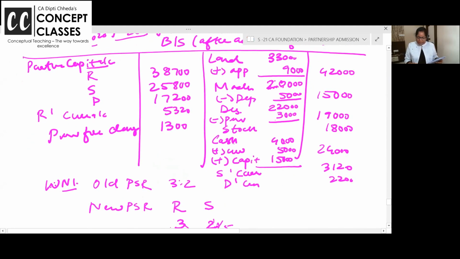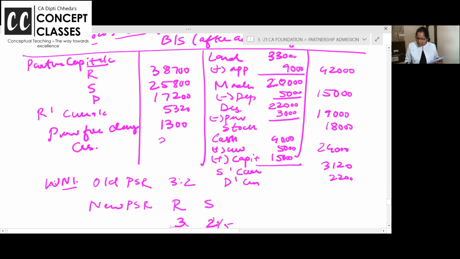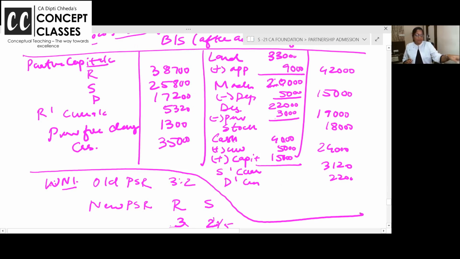Now come to the liability side. Creditors are the same, 35,000. So write it and do the balance sheet total. Balance sheet का total करेंगे. 38,700, 25,800, 17,200, 5,320, 1,300, 35,000.